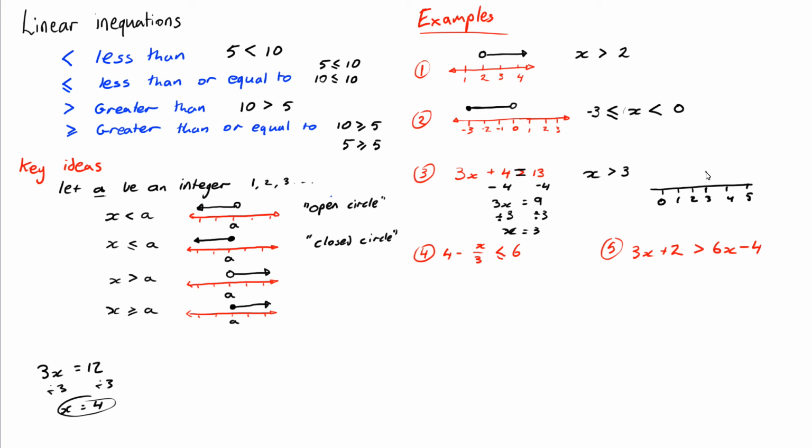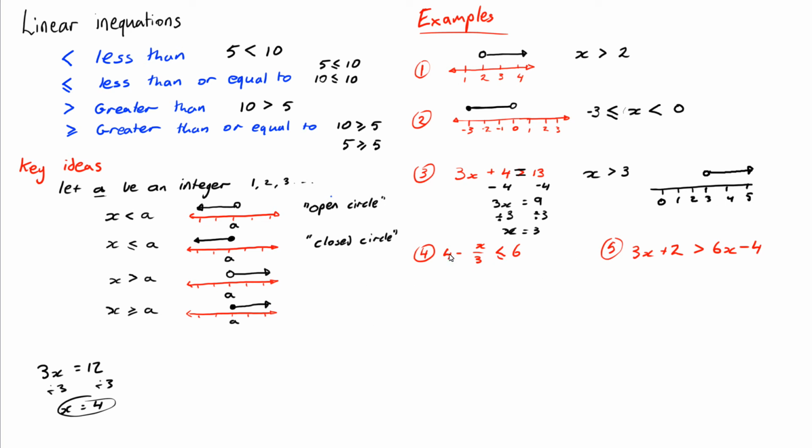So I find where 3 is, put an open circle there, and then it's going to be every number after 3. x is the larger number, pointing towards 3, so it's going to be everything on the right. So I'm going to draw an arrow that shows everything on the right. So that's how we kind of write these inequations. It's a bit of solving first, and then we're able to use our number line.